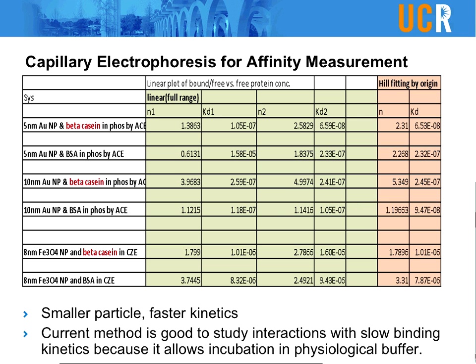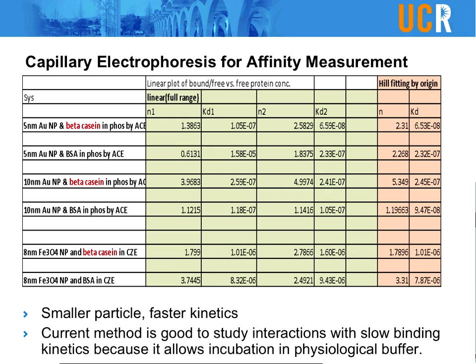So we tested 4 different types, including the 8 and 7 nanometer iron oxide nanoparticles and the 10 and 5 nanometer gold nanoparticles. And the Kd values actually fall in the micromolar range. The largest Kd value is 1 micromolar, and the 7 close to 8 micromolar between the iron oxide nanoparticle and BSA or beta Kc. The gold nanoparticle has a smaller Kd, which means stronger binding affinity.